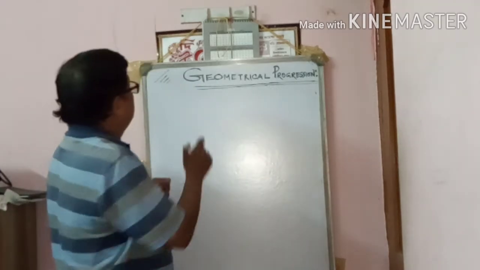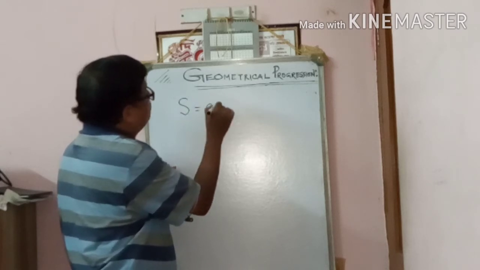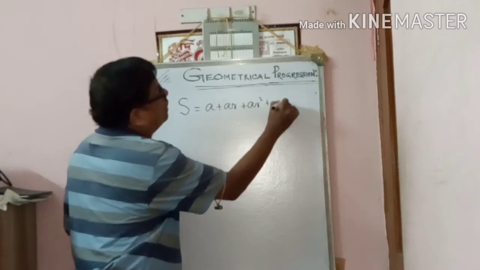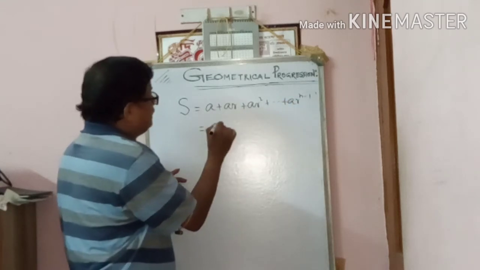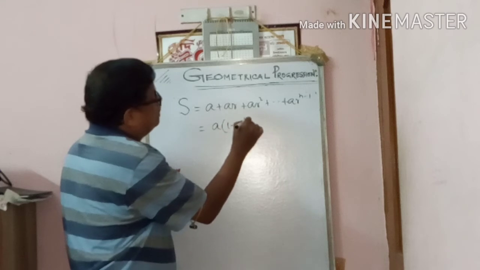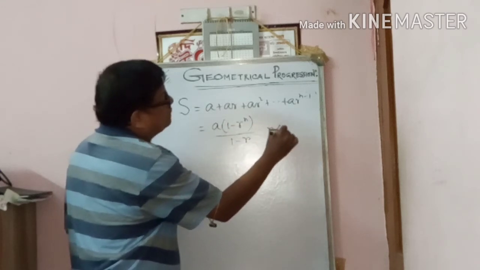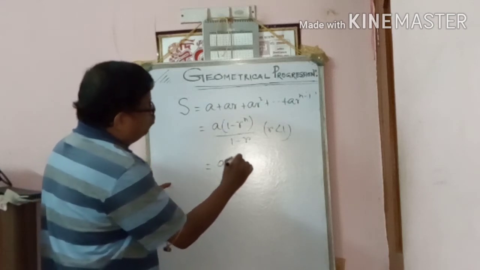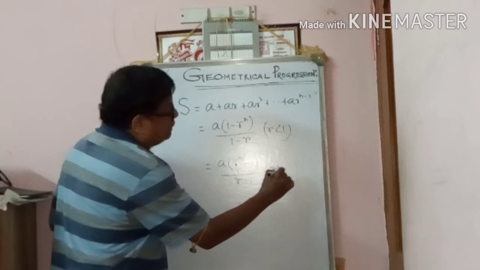See, so sum S equal to A plus AR square up to AR to the power n minus 1. So this can be written as A into 1 minus R to the power n by 1 minus R, R less than 1. This equals, we can write, A into R to the power n minus 1 by R minus 1, R greater than 1.